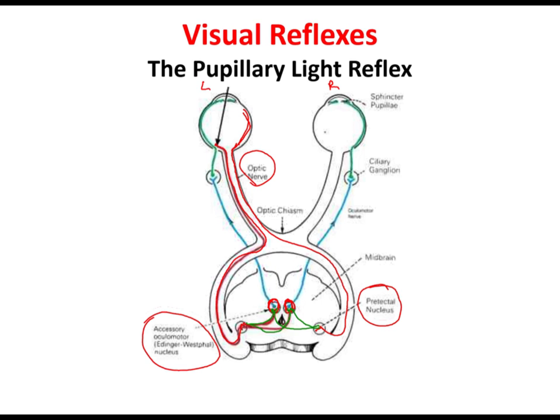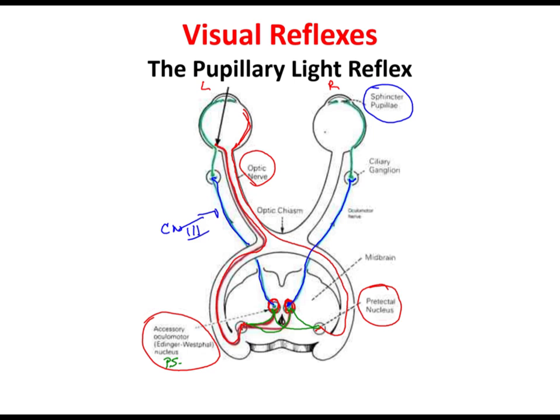And in response to that signal, the Edinger-Westphal nucleus is part of the parasympathetic system, which regulates the diameter of the pupil. Now we'll talk about the efferent portion of the limb. It is carried along the oculomotor nerve, cranial nerve 3. So here we have cranial nerve 3, which carries the efferent signal, which now goes and activates the sphincter muscle. So that's the overall pathway, the afferent and the efferent portion of the reflex.